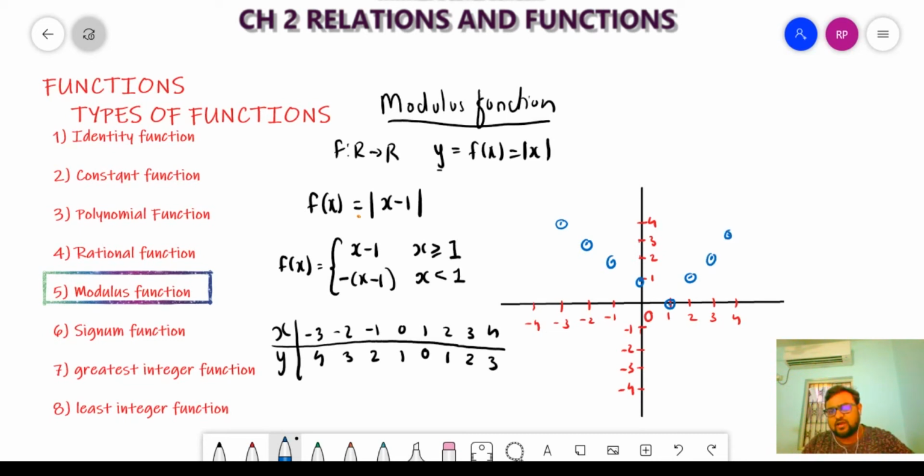So see how I got a V shape. Okay. So remember that the modulus function will have a graph of V shape. Just a minute. I'll draw it here.